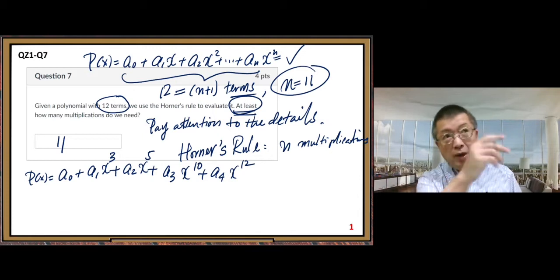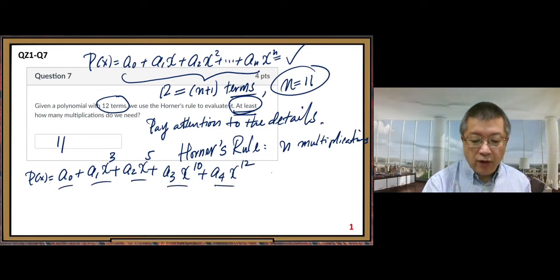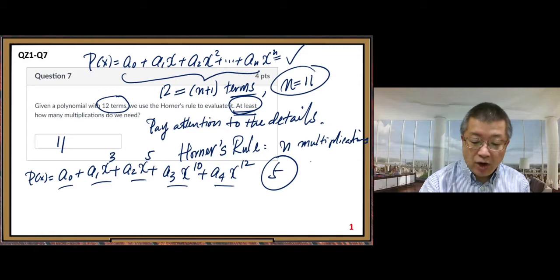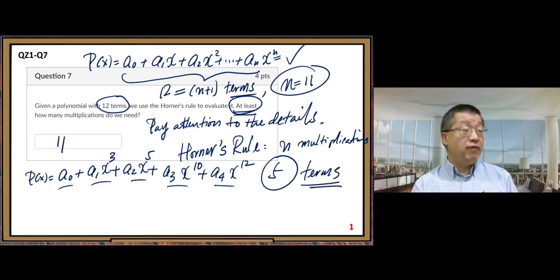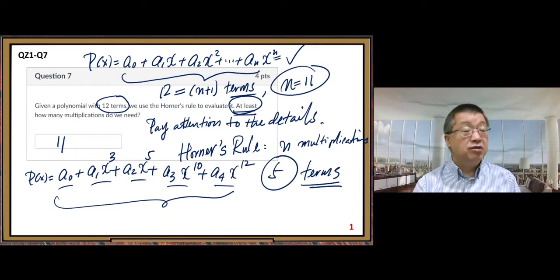How many terms do we have if we count? 1, 2, 3, 4, 5. 5 terms, right? That's how we define the terms. Can you say by Horner's rule we can evaluate this by 5 multiplications? We cannot say that, right?